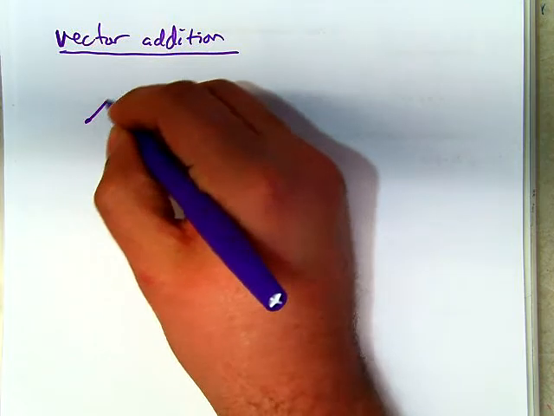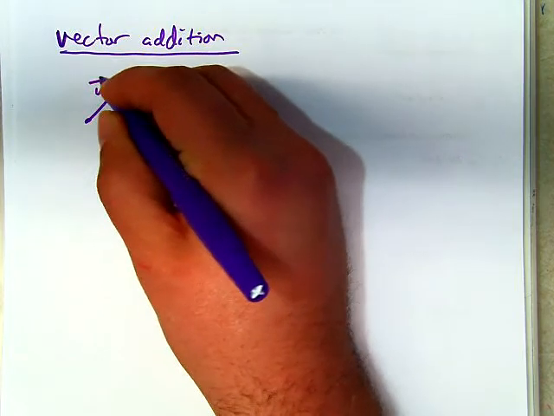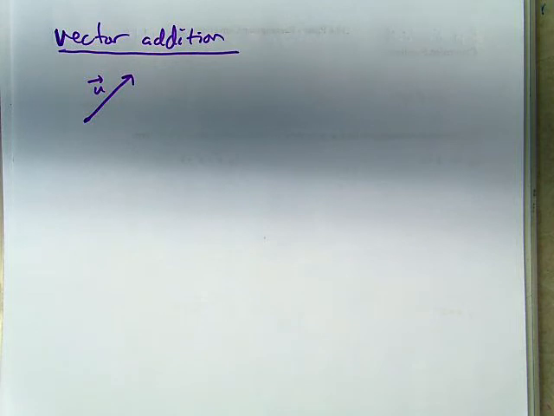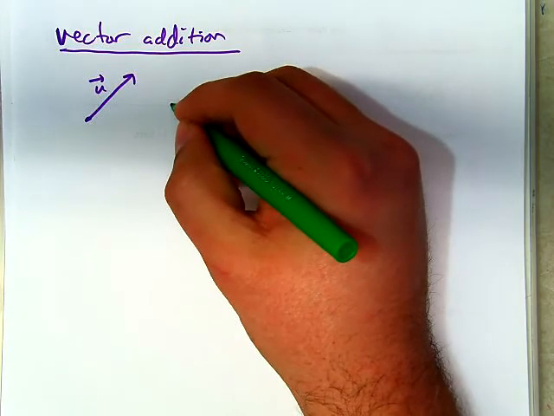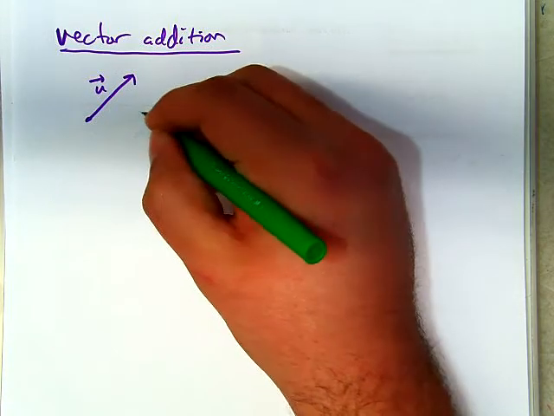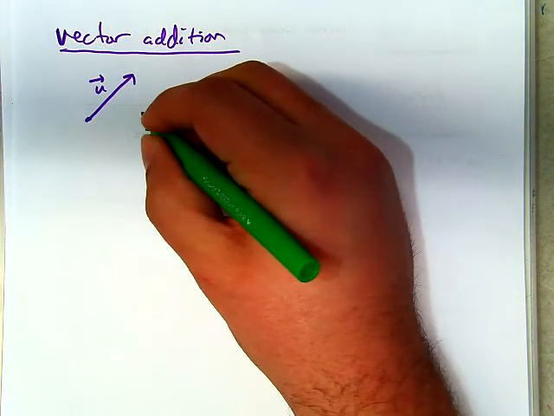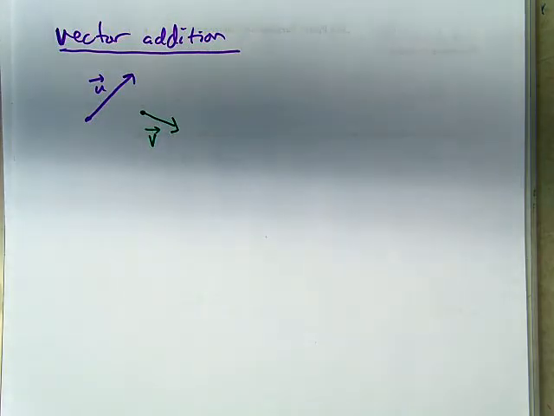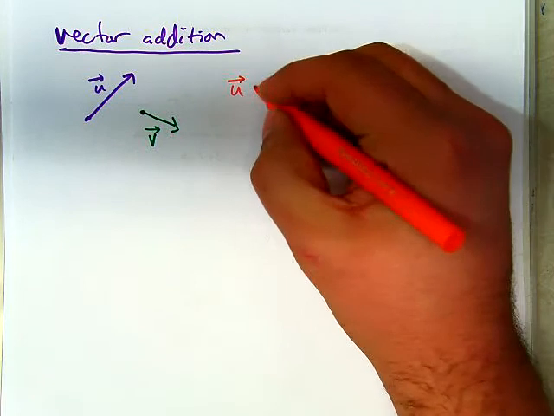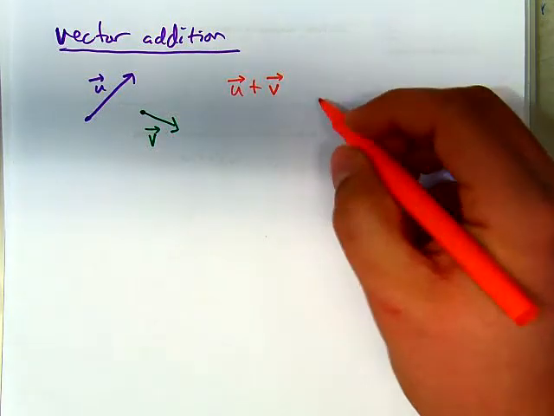Let's say that this is vector U, and that somewhere over here is vector V. And we wanted to look at U plus V. So what does U plus V look like?